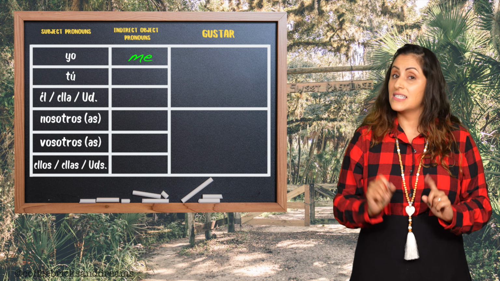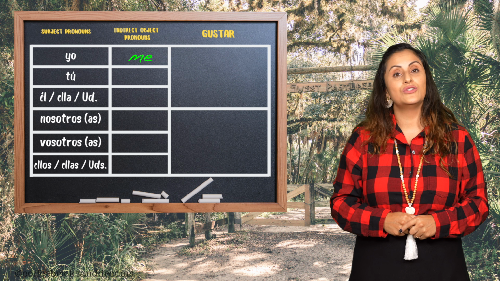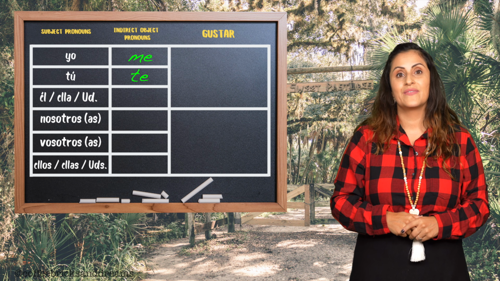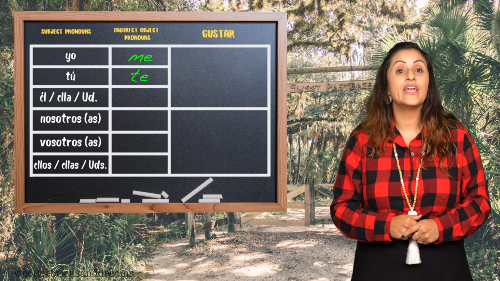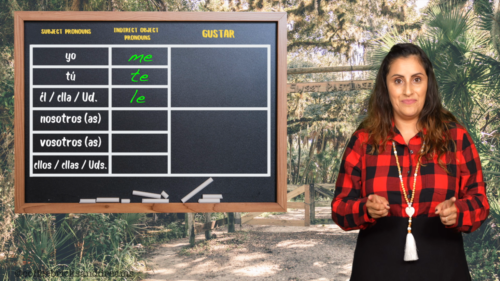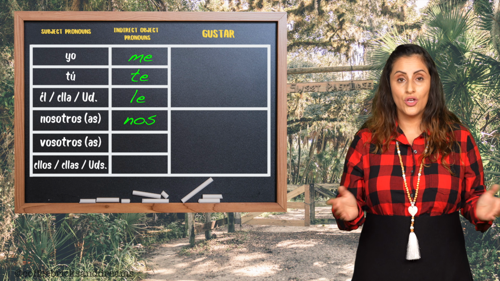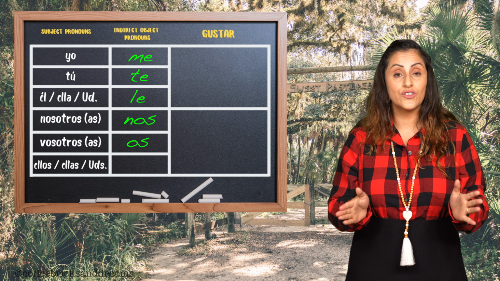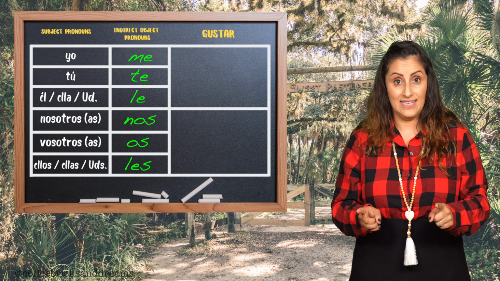Something is pleasing to you, we are going to use te. For él, ella, and usted, we are going to use le. For nosotros, nos, vosotros, os, and ellos, ellas, and ustedes, les.